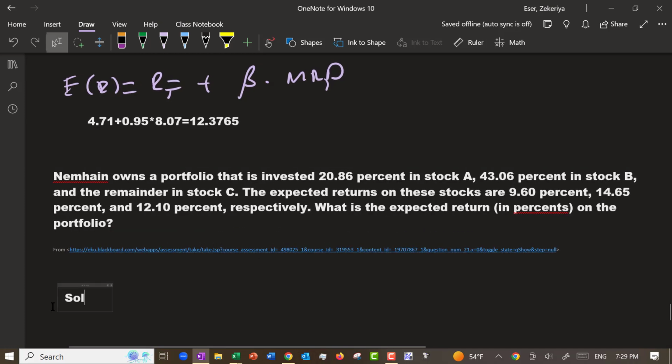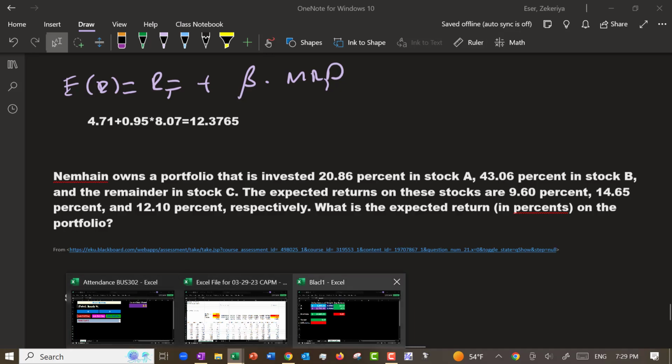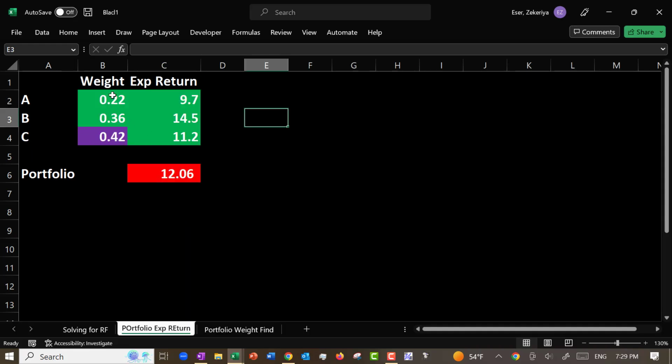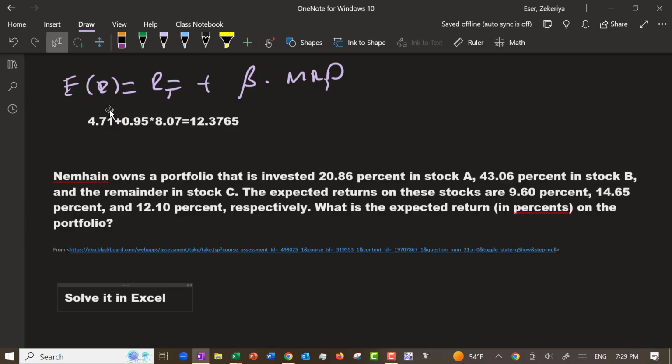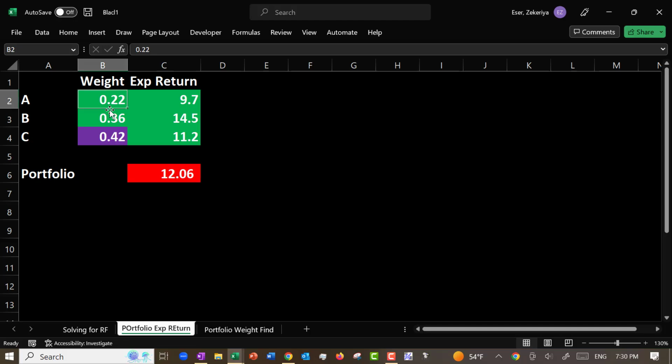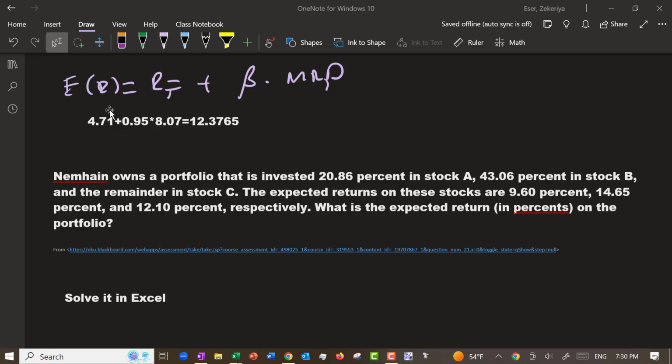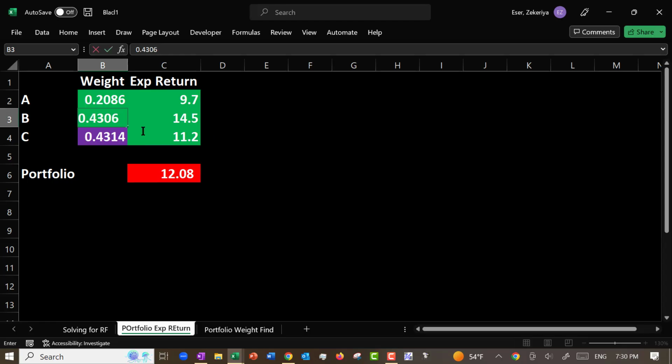We're going to solve it in Excel. Portfolio expected return. Let's put in the weights. 2086. Yes, 4306.